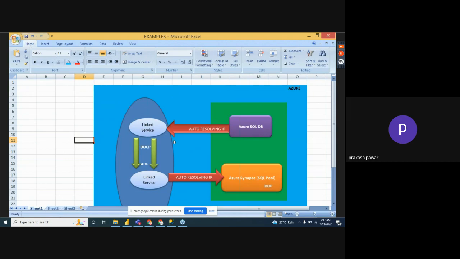What are we doing now? Using an auto resolving IR, you got one linked service. Using another auto resolving IR for Synapse SQL, you got another linked service. Here we are extracting the data, and here we are loading the data.